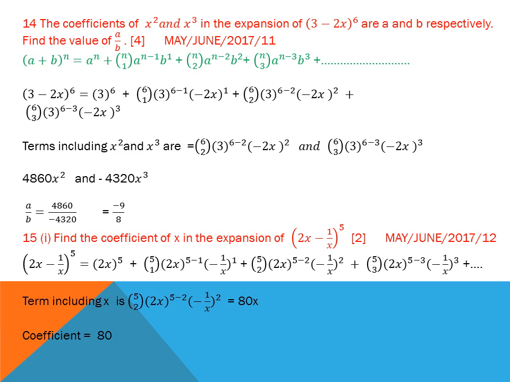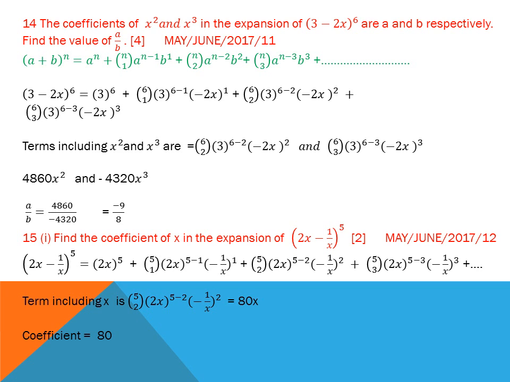Question number 15. Find the coefficient of x in the expansion of (2x minus 1 over x) power 5. It means we need the term including x here. When you apply the formula and expand the binomial expansion, 2x power 5 because A is 2x and B is minus 1 over x. 5C1 (2x) power 5 minus 1 over x, 5C2 (2x) power 5 minus 2 minus 1 over x square, plus 5C3.